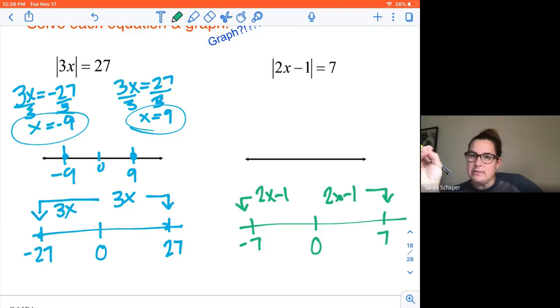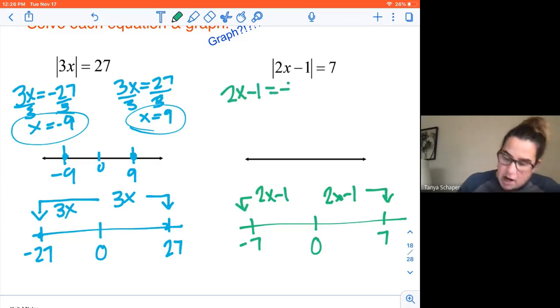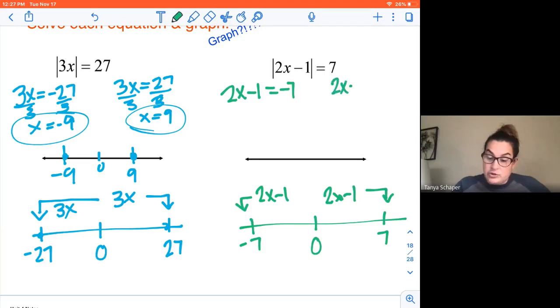That's what it's telling me. So my two equations I need to set up are 2x minus 1 equals -7, and 2x minus 1 equals +7.